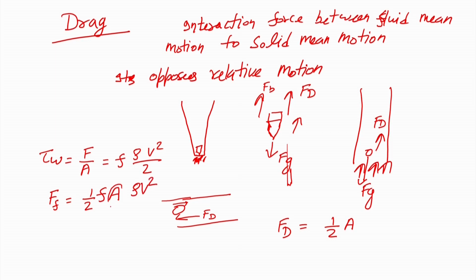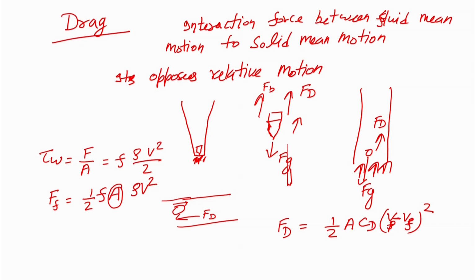Now, this area is what? It is the surface area at which the friction is acting or the object is moving. Here Fd will be defined as half A. Instead of the friction factor, we say the drag coefficient CD into V square, the relative motion, V of fluid minus V of particle, or I will say V of particle minus V of fluid, whole square; it does not matter because you are going to square it. Okay.